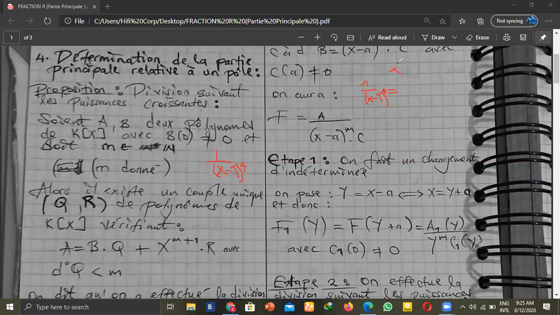Okay. What of this? Which one? x squared plus x plus 1. Is it irreducible in R? I gave you this question. Is it irreducible in R?